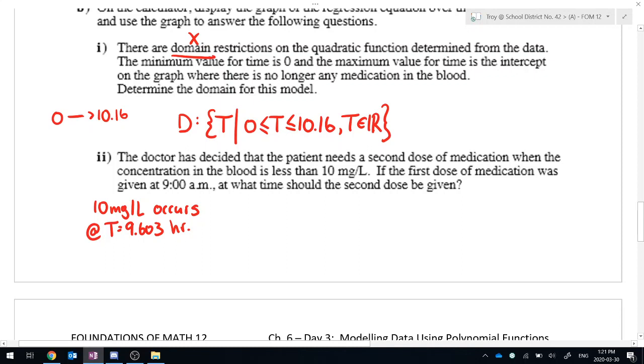All right, so we'll take that 0.603. That's hours. Of course, we have to multiply that by 60 minutes. There's 60 minutes in an hour. And we get approximately 36 minutes.